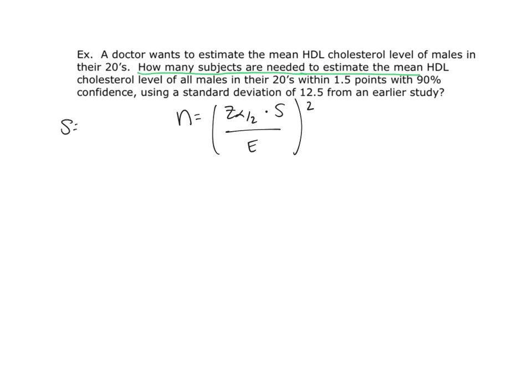S is our sample standard deviation. From the problem they'd give us, it's 12.5. Our margin of error, again following the phrase or the word within, is going to be 1.5. Alpha is 0.10 because we are looking at a 90% level of confidence.